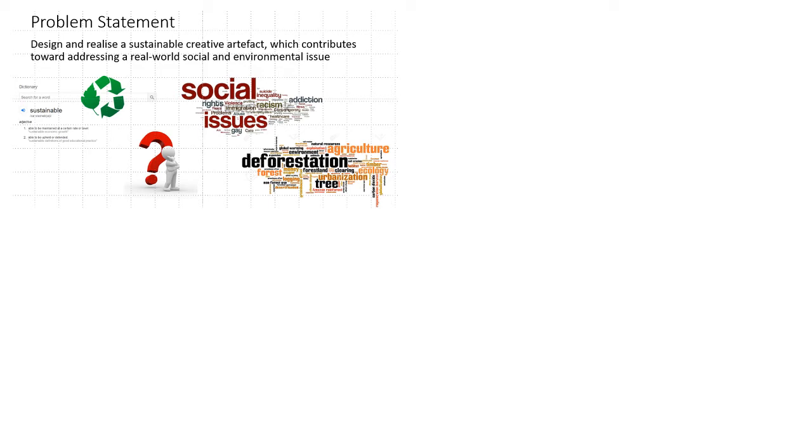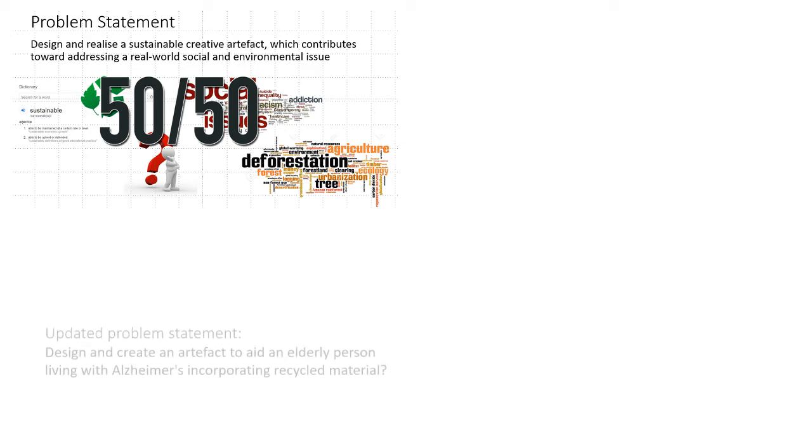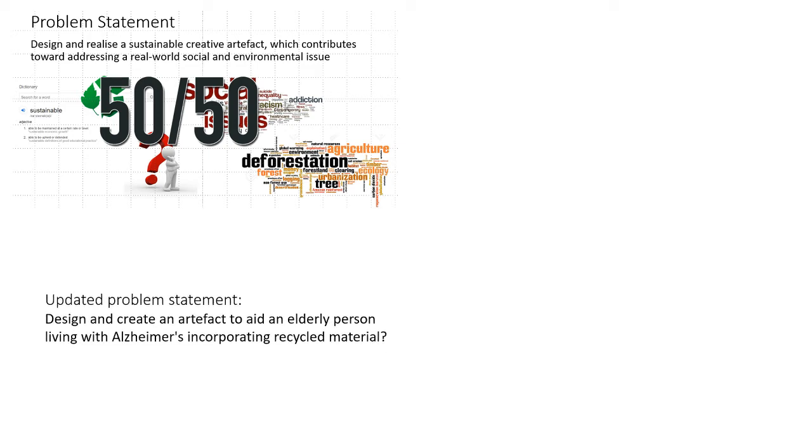For me, that's kind of 50-50, as in the environmental issue is about 50% of the project, but also they have to address the real problem. Not necessarily an equal weighting, but the material I use is going to have some impact on my design ideas, and that's the approach I was taking.